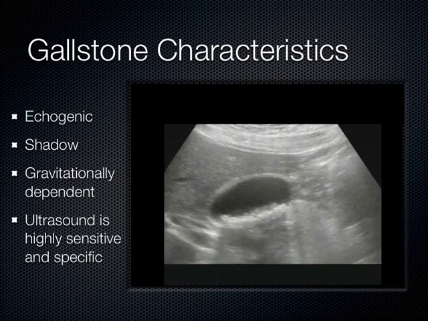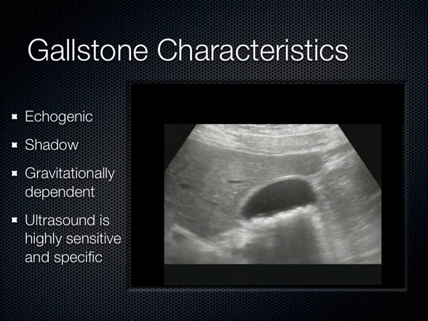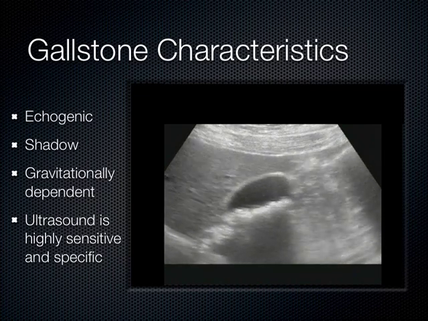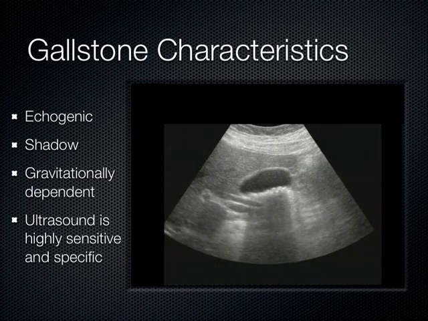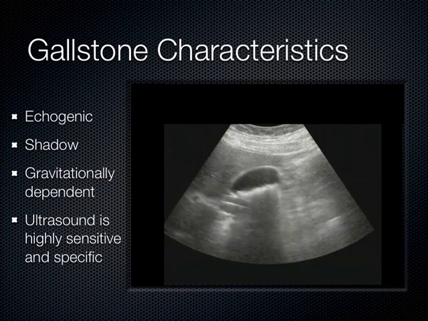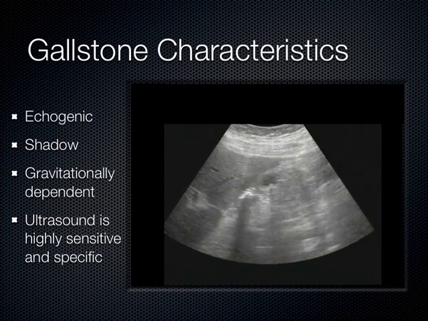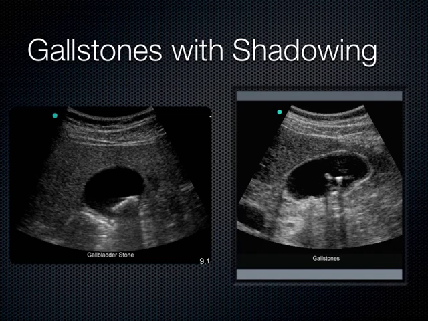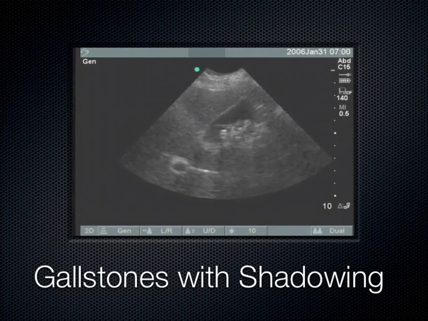For these reasons, ultrasound has very, very good test characteristics, better than CT scan for gallstones. A CT scan could miss the gallstone altogether with the cut. It happens all the time, very frequently. And so ultrasound here is really the gold standard. This is just what some gallstones look like with some shadowing here. Another example here, some gallstones with some shadowing.